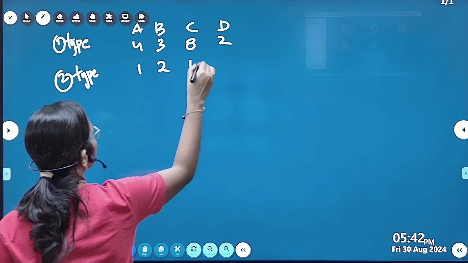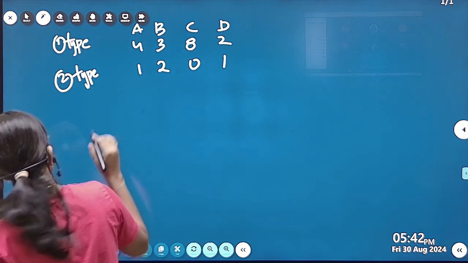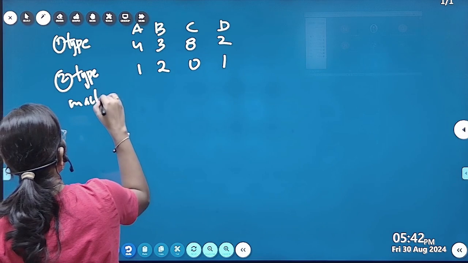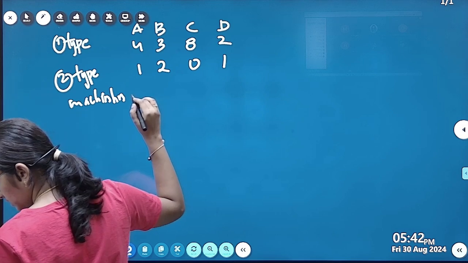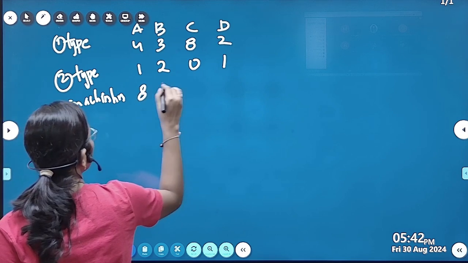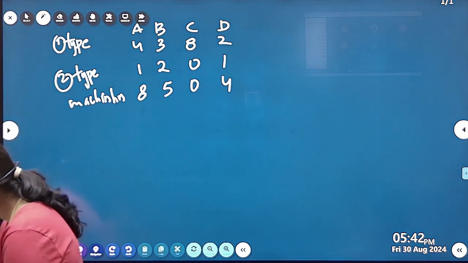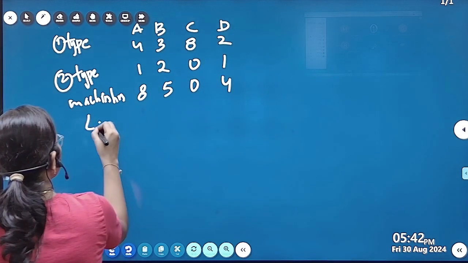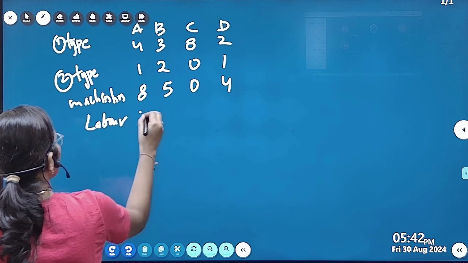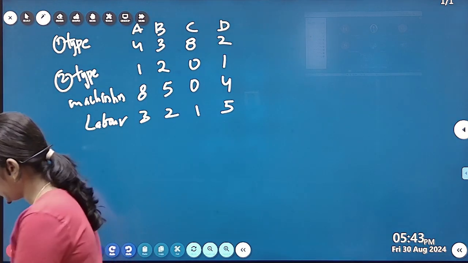Next, what are the machine hours given? Machine hours are 8, 5, 0 and 4. Next, the labor hours: 3, 2, 1, 5.